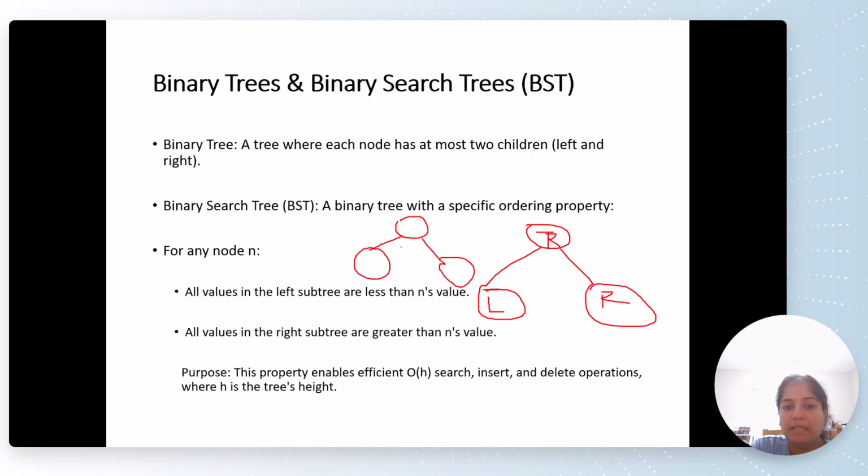It should be something like 1, 3, 5: 1 is less than 3, 3 is less than 5. It cannot be like 7, 3, 5. The left node is always less than the parent node, and the parent node is always less than the right node. If this property is maintained throughout the tree, it is called a binary search tree. Binary search tree enables us to do the most efficient searching operations basically.